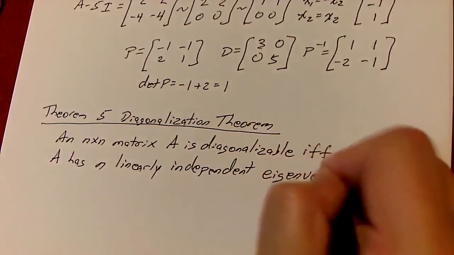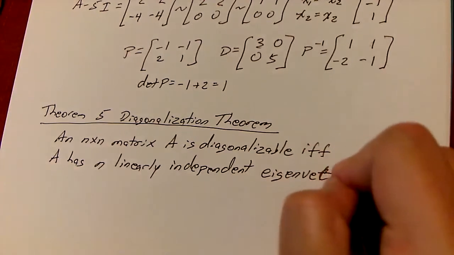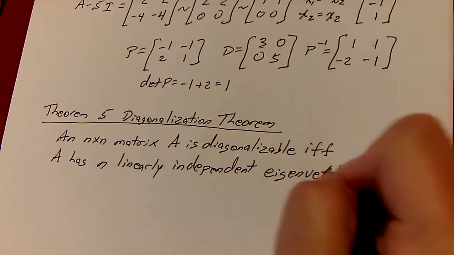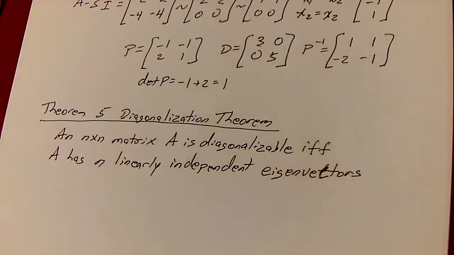So remember those examples we did at the end of 5.2 where we have to determine how many eigenvectors there are. So if there are not enough eigenvectors, you don't have a diagonalizable matrix, okay?